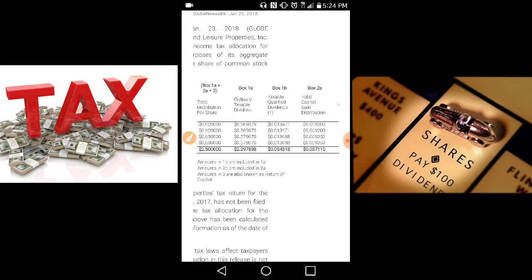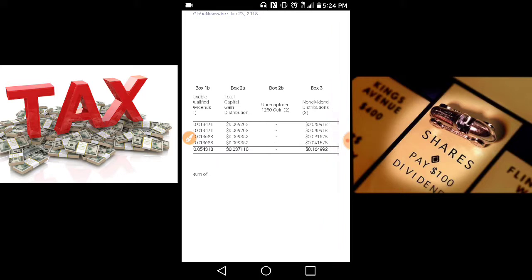But in the case of a real estate investment trust, you might get that additional benefit of return of capital, which lowers your cost basis. And if you hold the asset for a long enough time, you could actually turn that cost basis into a capital gain, which is very uncommon. However, it can happen if you hold a large amount of shares and the return of capital is high.